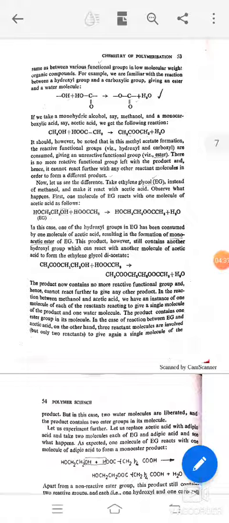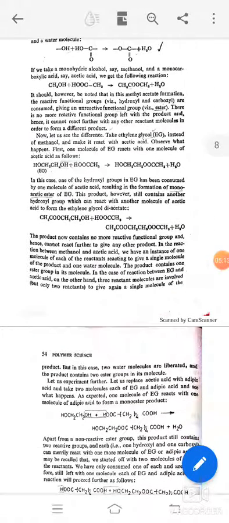The product contains one ester group. In the case of the reaction between ethylene glycol and acetic acid, on the other hand, three molecules are involved, but only two reactants give again a single molecule of product.